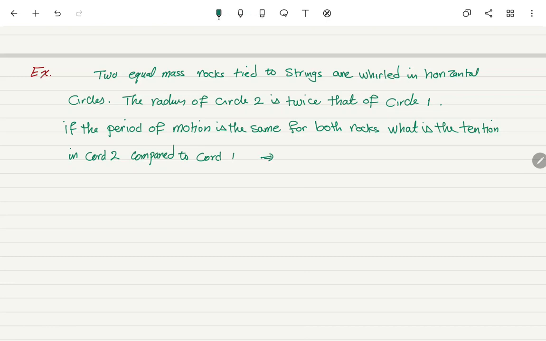Since the period is the same and tension is equal to mv square over r, then v2 is equal to 2v1 and r2 is equal to 2r1. So if you substitute this back, you will find T2 is equal to 2T1.